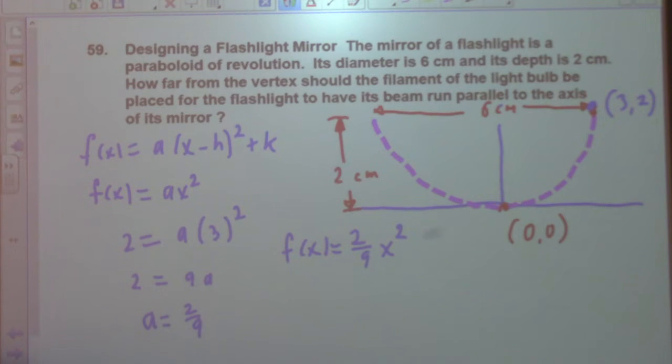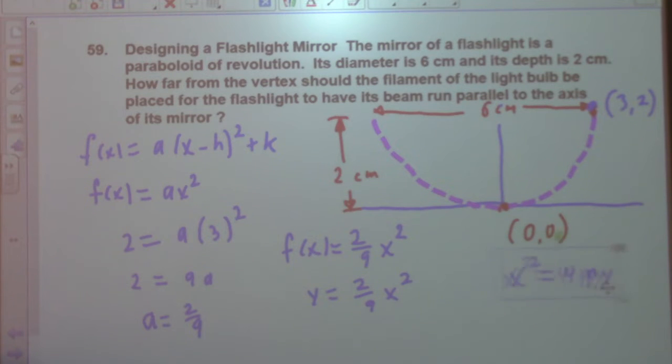To find our focus, we want to put this in the form x squared equals 4py. How do we get this in the form x squared equals 4py? I'm going to rewrite this f of x as y, so y equals 2/9 x squared. How do we get it in this form here? Yeah, we could divide by 2/9, or multiply by 9/2.